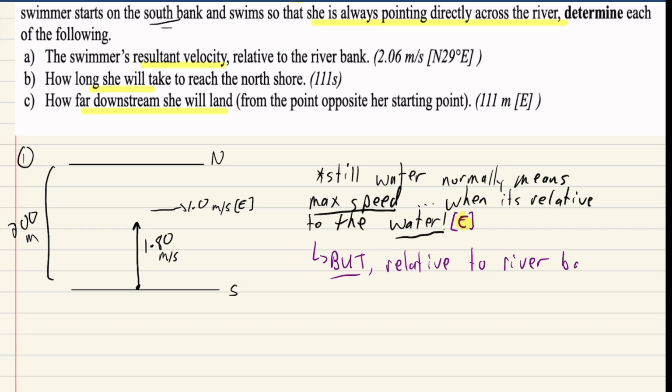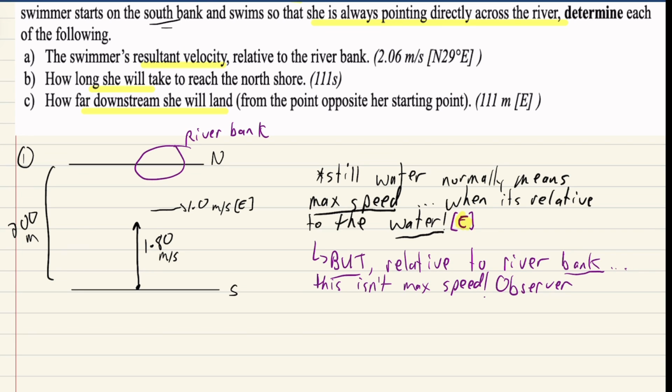In this case, when it's relative to the river bank, the observer is going to see the speed, remember, not the velocity, but the speed of the swimmer going north and being pushed to the side by the current. So they'll see the hypotenuse level of the speed.